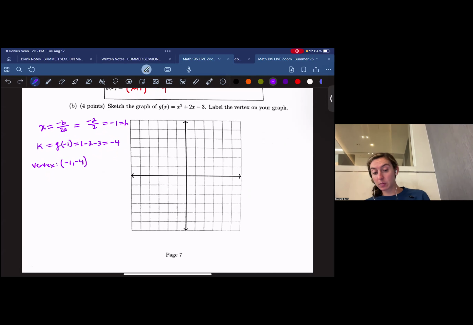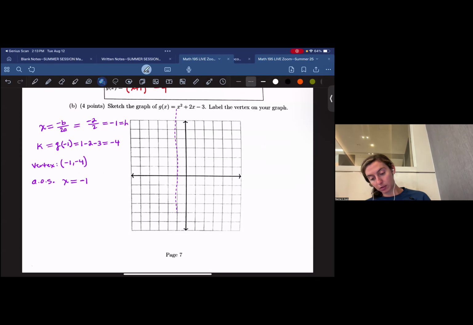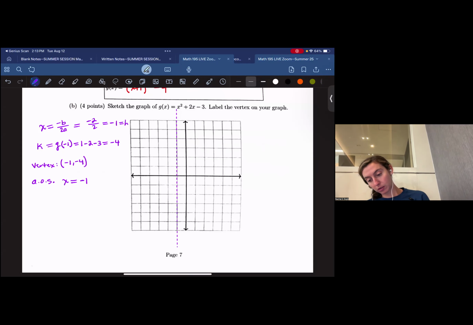Our axis of symmetry, that vertical line that splits our quadratic function in half perfectly, is at negative 1. So why don't we lock that line in? I'm going to write a proper scale so I can get full credit.